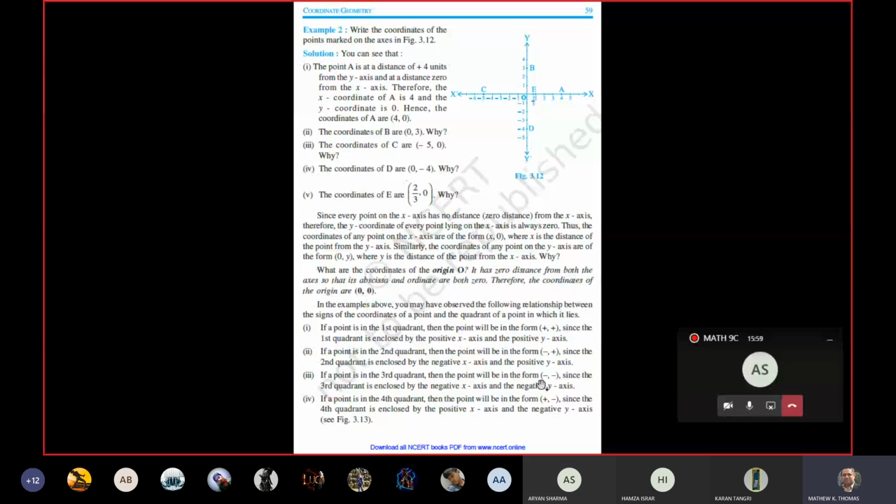So third quadrant, the point will be in the form of negative, negative. And fourth quadrant, x will be positive and y will be negative. So fourth quadrant, write down, the point will be in the form of positive, negative. So all the quadrants are unique. First is positive, positive. Second is negative, positive. Third is negative, negative. Fourth is positive, negative.